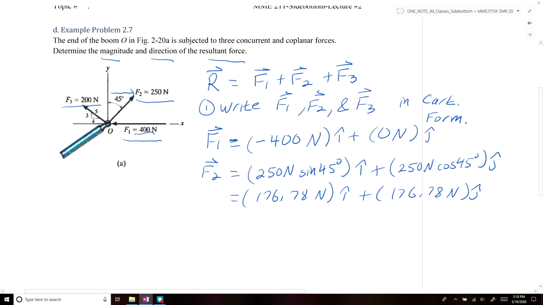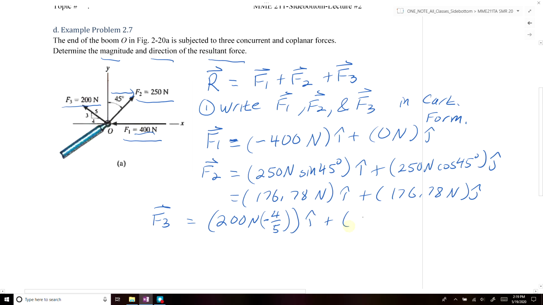Then for force 3, we are given that its magnitude is equal to 200 newtons. If we use the 3, 4, 5 proportional triangle that's drawn along its direction, we would know that the x component of the force would be equal to minus 4/5 times 200 newtons.